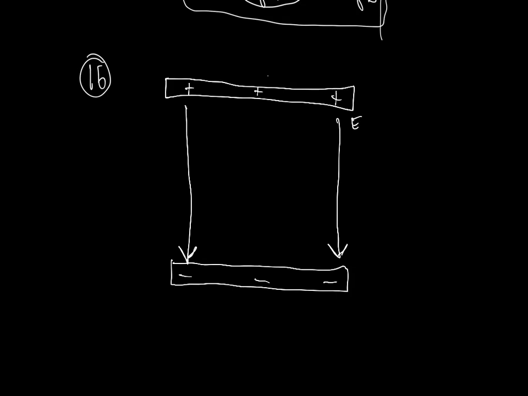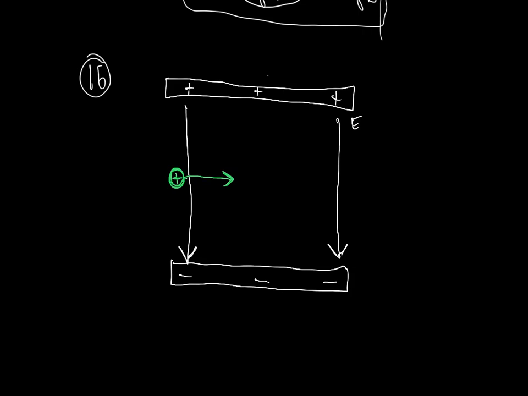And now I'm going to take a charge and shoot it into it. What color charge do you want? Green? We're going to do a green charge then. Positive or negative charge? We're going to do a positive charge. And we're going to shoot it into this field. Where is it going to go?